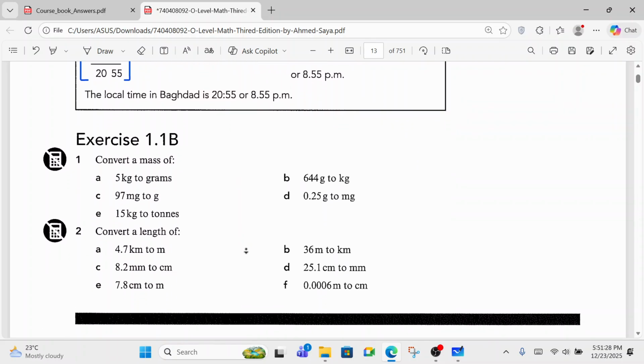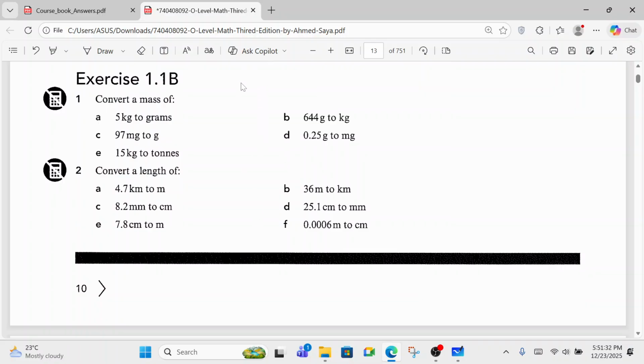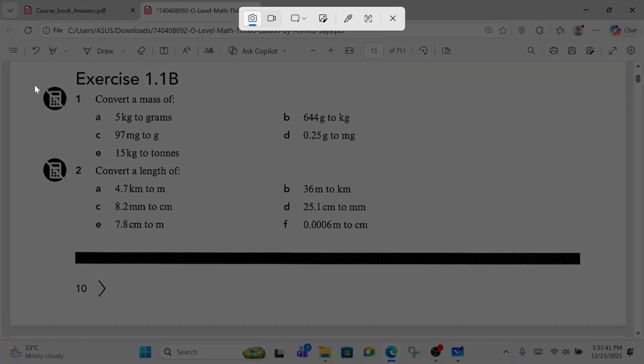Okay, let's move to question number 1b. This is conversion, and again, the question says not to use a calculator, so we should not use a calculator here. Just copying this into my whiteboard.